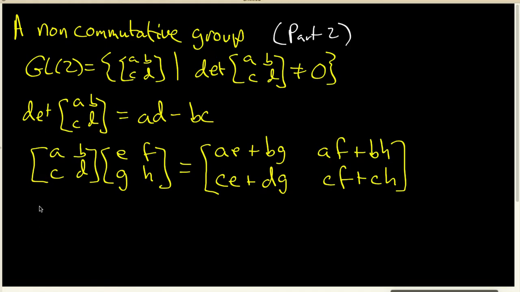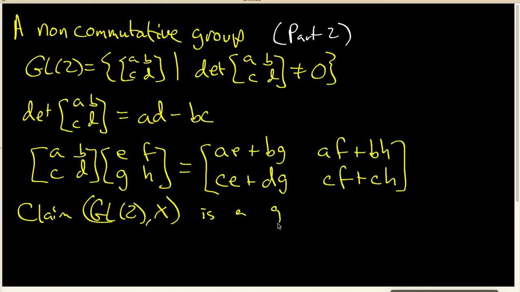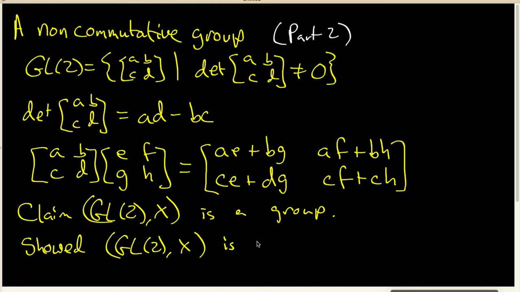We also showed, well, I made the claim that GL2, under its matrix multiplication, is a group. In the last video, we did show that GL2, under its multiplication, is closed.